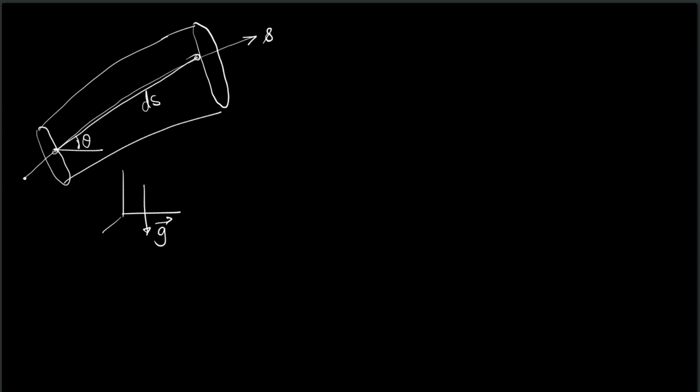So the question is, can you show that along the streamline P by rho plus half u square plus gz equals constant? That is essentially using the momentum equation.